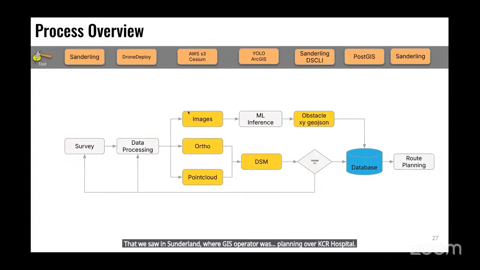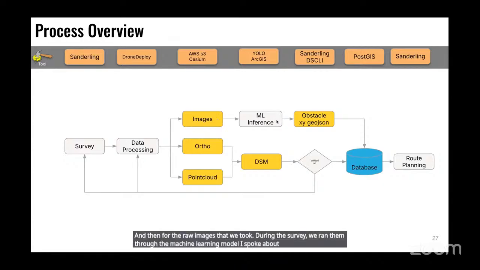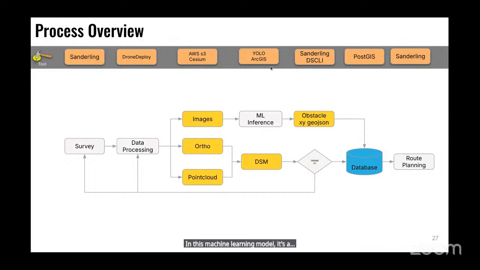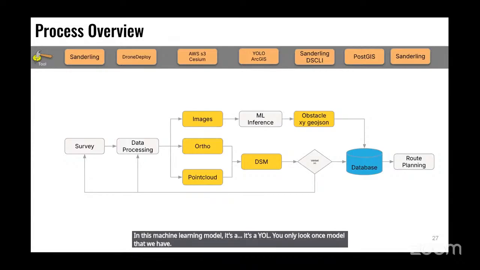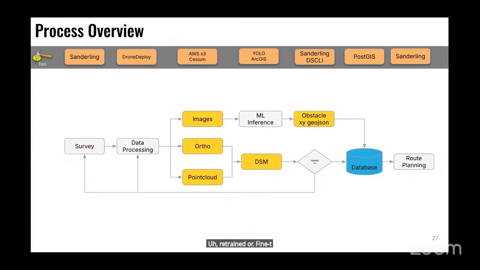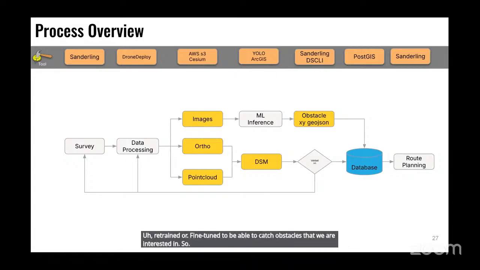And then for the raw images that we took during the survey, we ran them through the machine learning model I spoke about. This machine learning model is a YOLO, you only look once, model that we have retrained or fine-tuned to be able to catch obstacles that we are interested in, like towers and power lines.